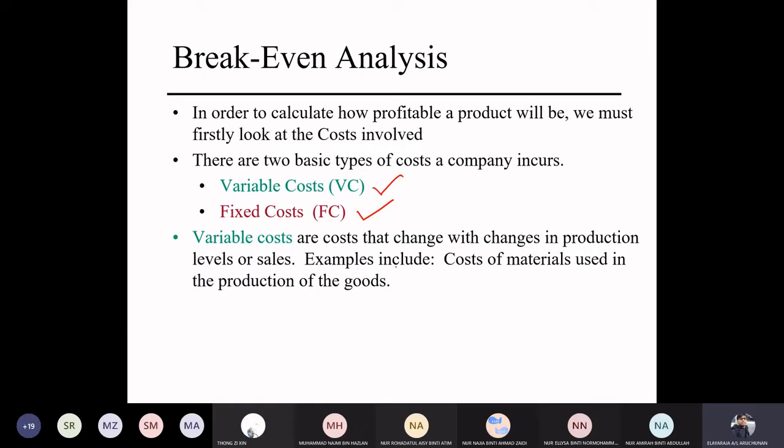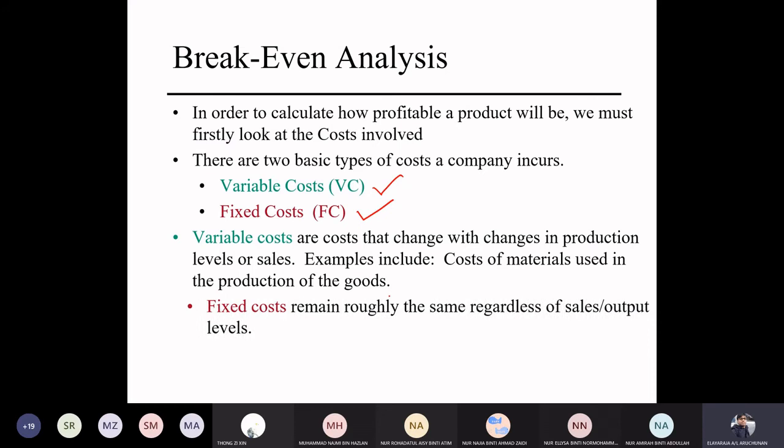For example, the cost of material used in the production of the good is proportional to the number of products sold. The fixed cost remains the same regardless of the sales or output level. Whether there are sales or not, it still remains the same figure. That we call a fixed cost.